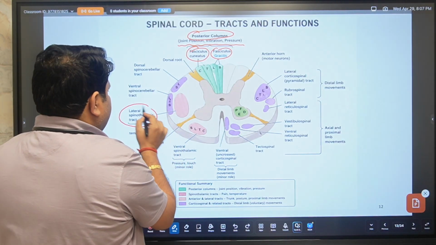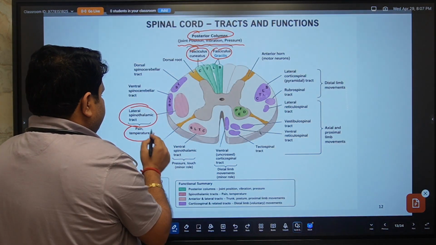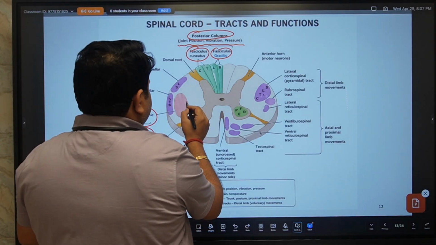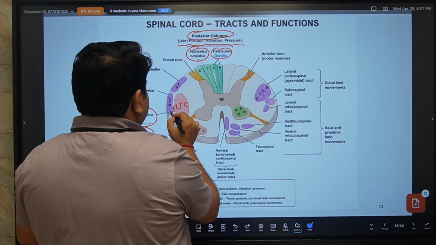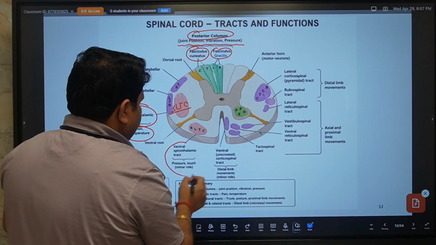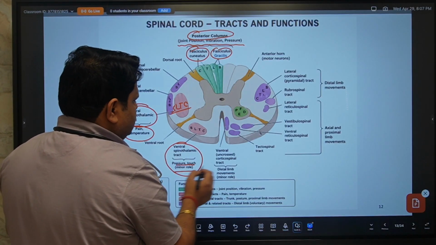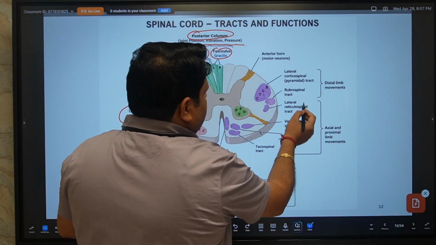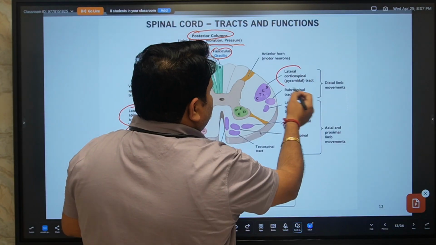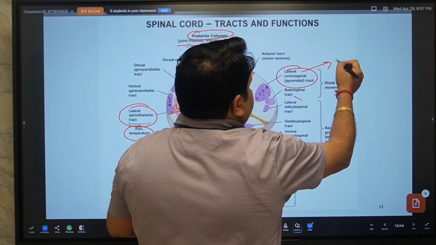This is the lateral spinothalamic tract, which governs pain and temperature. This is the ventral spinothalamic tract for pressure and touch, and the corticospinal tract. So this is the descending tract.